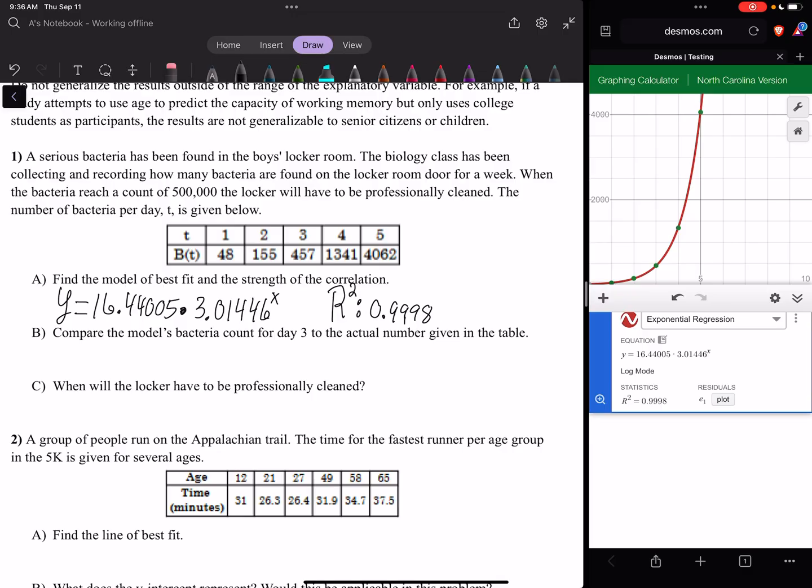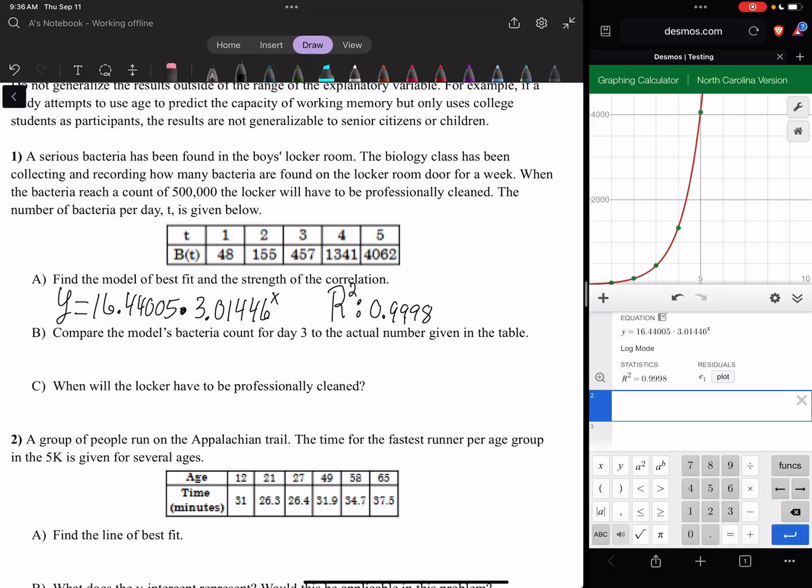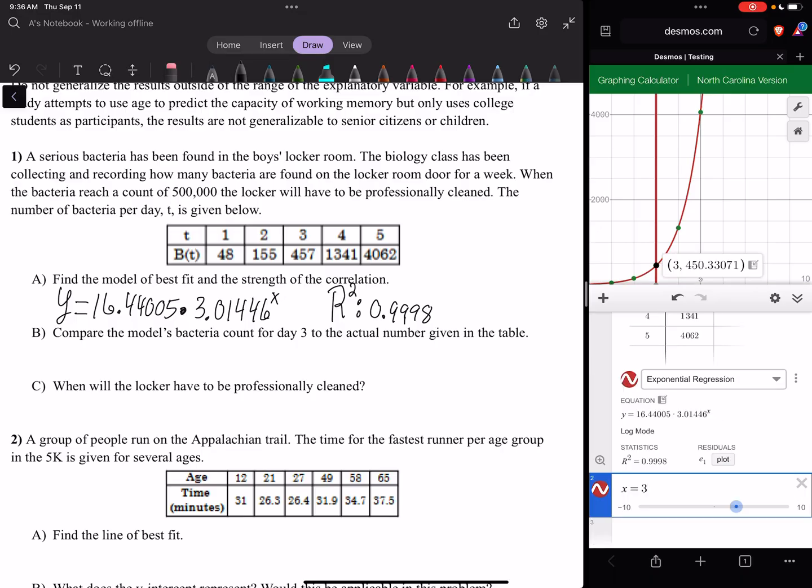Compare the model's bacteria count for day 3 to the actual number given in the table. All right, what this wants me to do is look at my predicted model, that would be this exponential function, at day 3. So x equals 3. So the number it tells me I will have of bacteria for my model is approximately 450 pieces of bacteria.